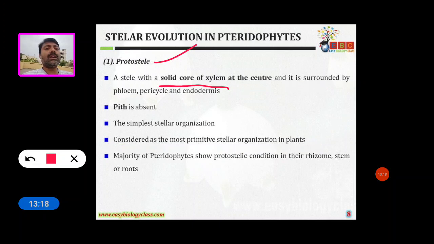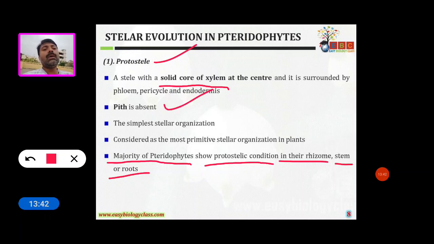A majority of pteridophytes show the protostelic condition in their rhizome, stem, or roots. Protostele is the primitive type of stele, the simplest stelar organization, and in it pith is absent.